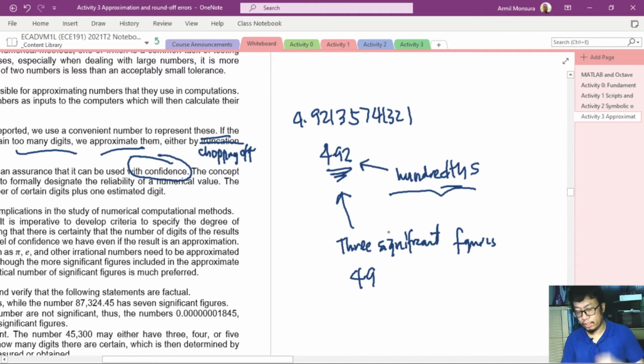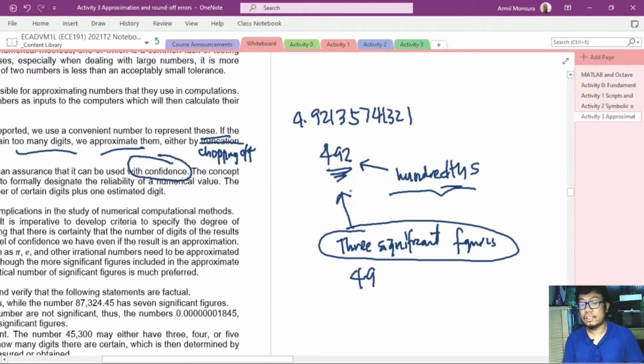Kasi ito in the rules of significant figures, when you say three significant figures, the last digit in the significant figure is actually an uncertain number. Okay, so which means itong 2 na to, itong 2 na yan, pwede yang 1, pwede yang 2. Pwede yang 1 or pwedeng naging 2. Actually, depending yan dun sa number na kasunod supposedly nung number nung 2. Okay, because when we round off here, this becomes an uncertain number.